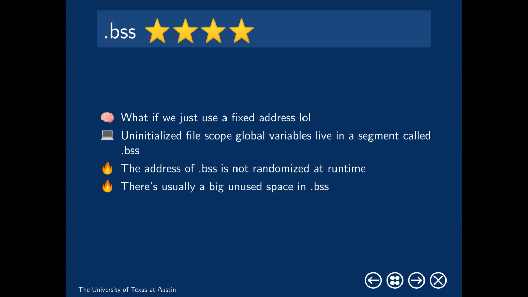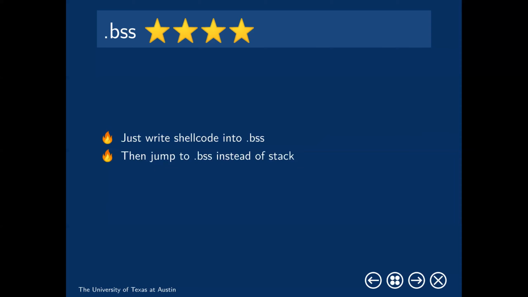It doesn't really matter what it's for, but just know that we have a big section of writable memory that is at a fixed address. So if we just write our shellcode into .bss and then call it, we will win. Just write the shellcode into .bss and then jump to .bss instead of jumping to a stack shellcode.